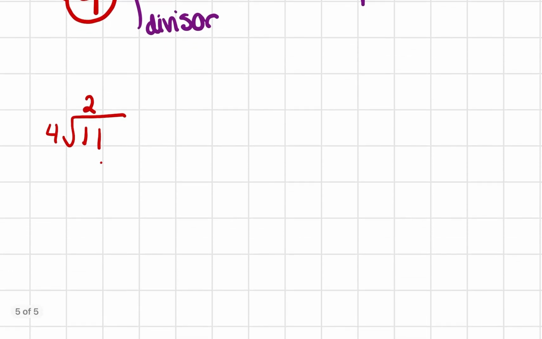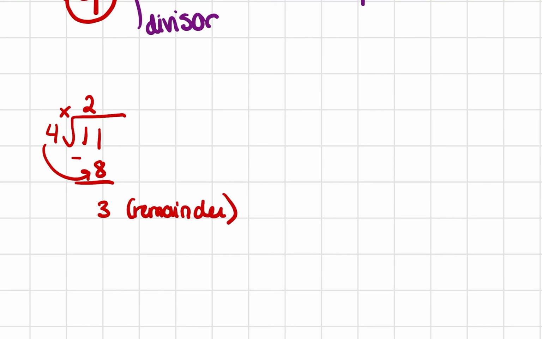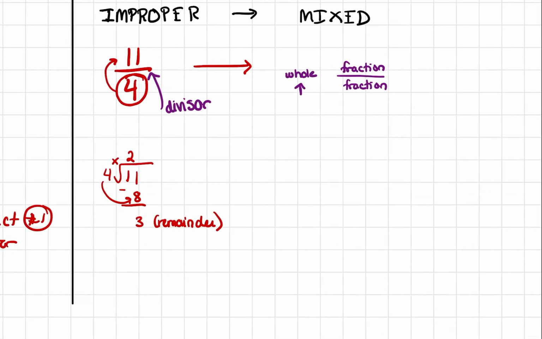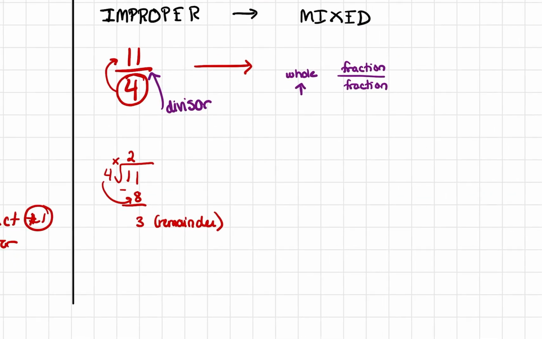If you would do this long division wise, you would do 4 times 2, which gives you 8. And then you would subtract the 8 from the 11 to figure out how much is left over. What is the remainder? 11 minus 8 is 3. And this is called the remainder or the leftover, whatever your school teaches you. So what does this do? Let's color code for a second here.